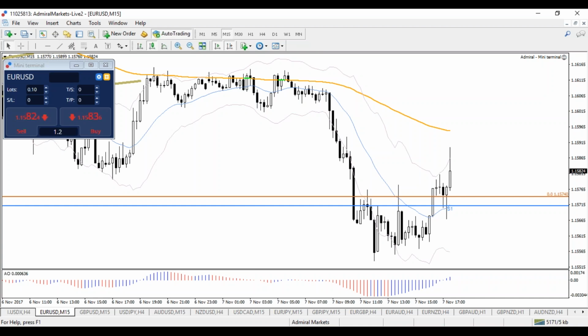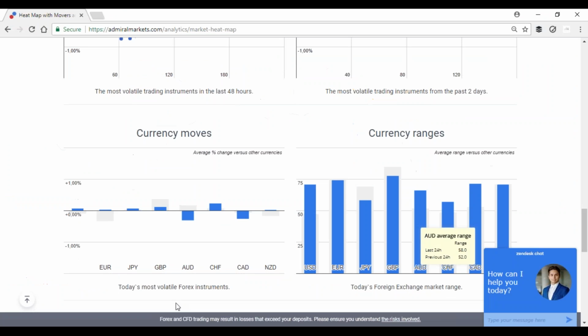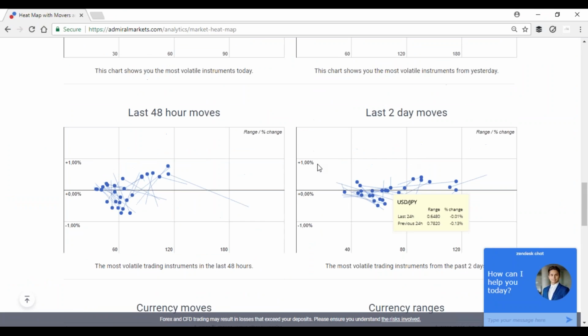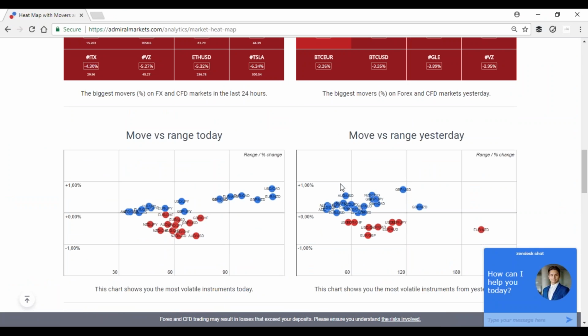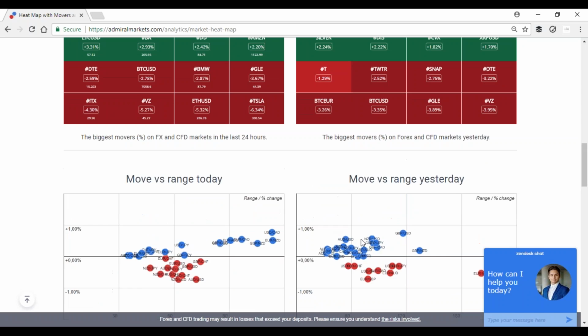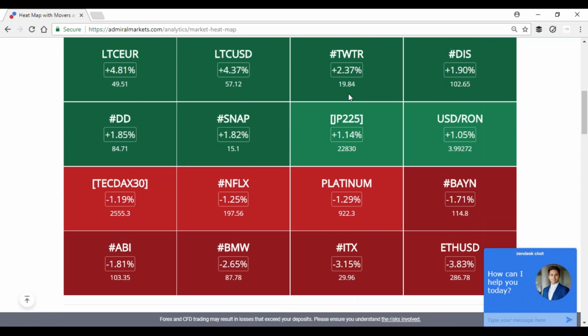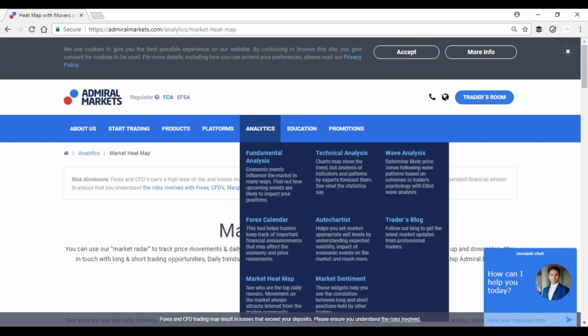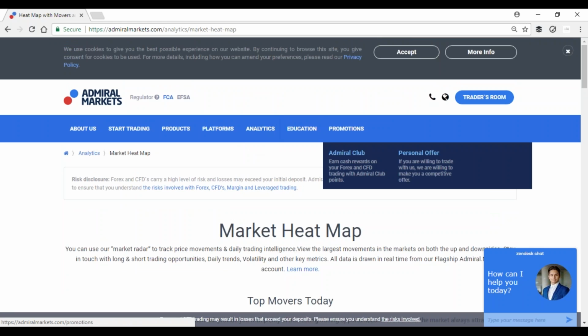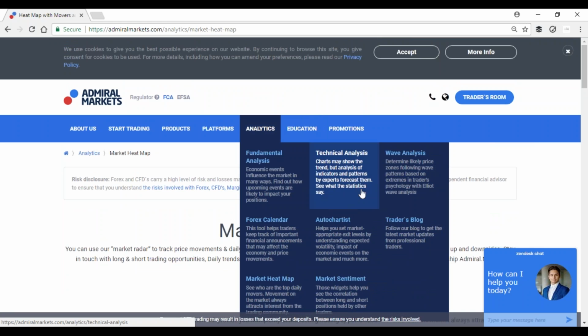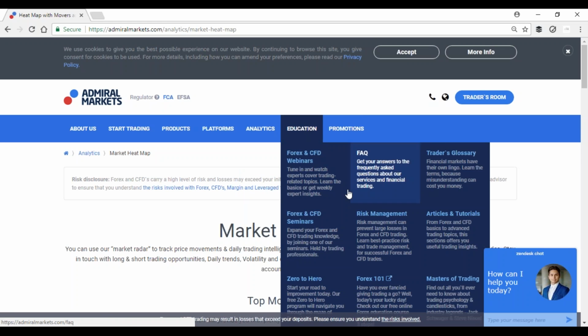Okay, so if you have any questions, let us know. In the meantime, once again, the heat map is very good for taking a look at what you can expect, how many pips of movement you can expect on average from a currency, which pairs are moving quickly in volatility and in direction, and much more, as you can see just in this heat map tool, which is part of analytics, market heat map. Much more available up in here with analysis, and other tools still, and articles here and here.